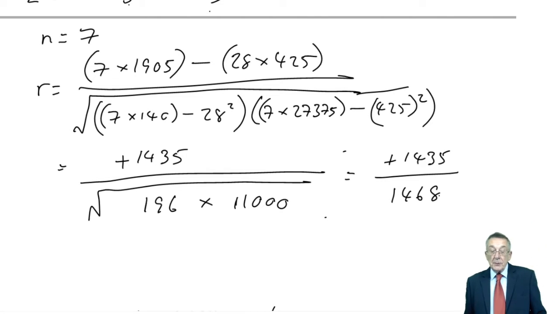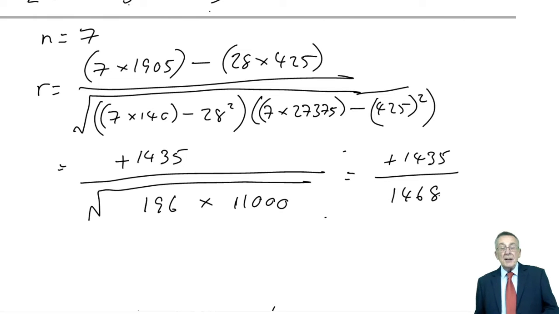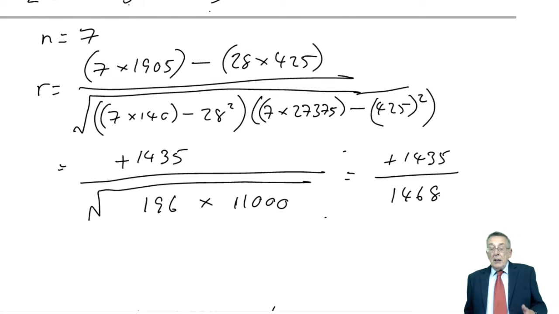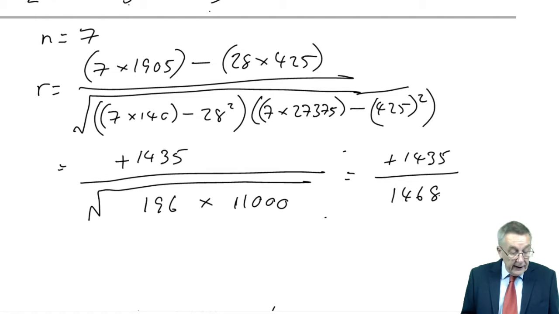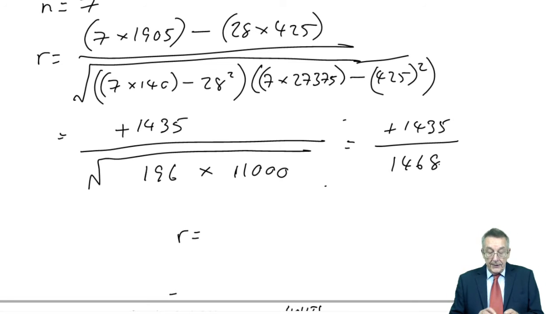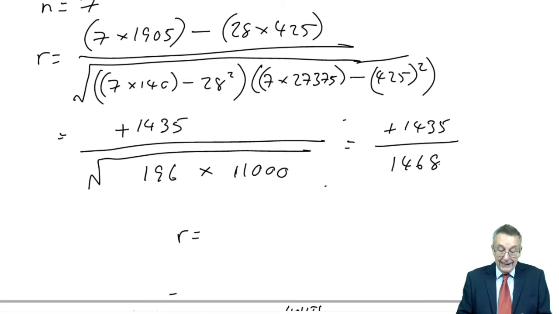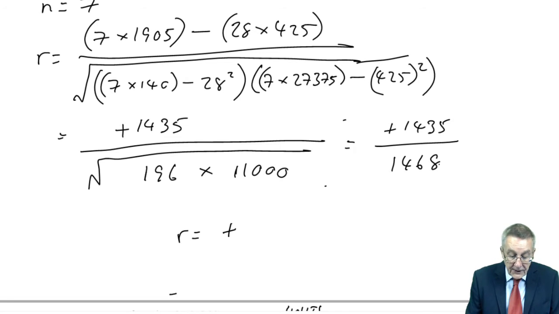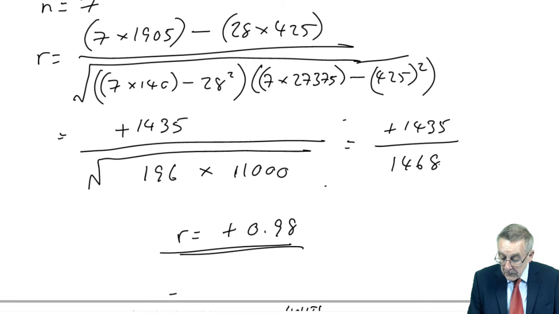And before anybody shouts, I know when you take a square root it can be plus or minus, but here the square root bit we always treat as being positive. So it's plus 1435 over 1468, and therefore R is plus, if I keep to 2 decimal places, 0.98.